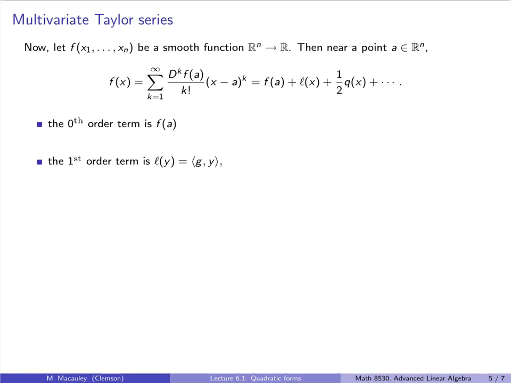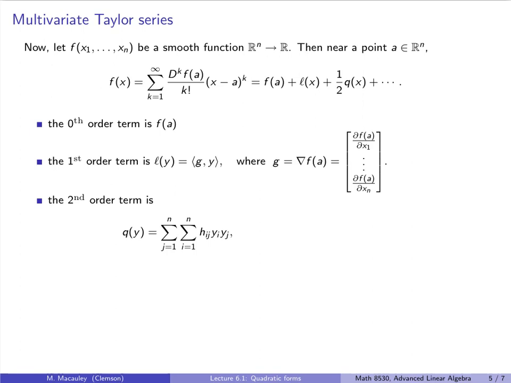The first order term, this linear function here, we know is the inner product of the input y with some fixed vector g. And from vector calculus, you know that that vector g is the gradient of f evaluated at this point A. So it's just the vector that points in the direction that f is increasing the fastest.